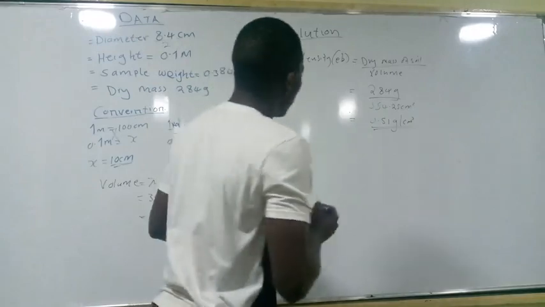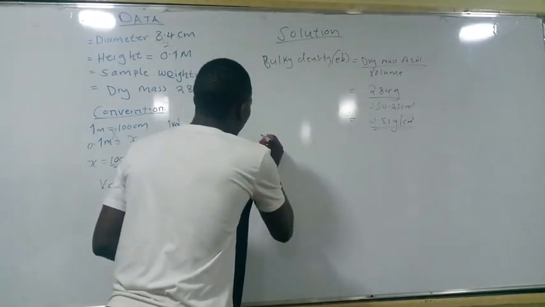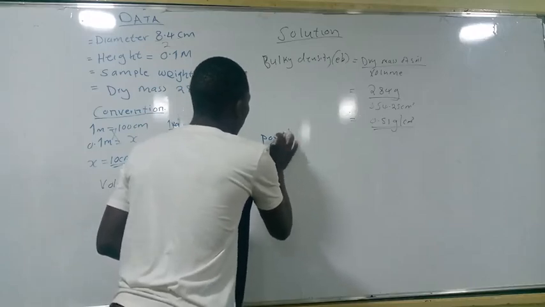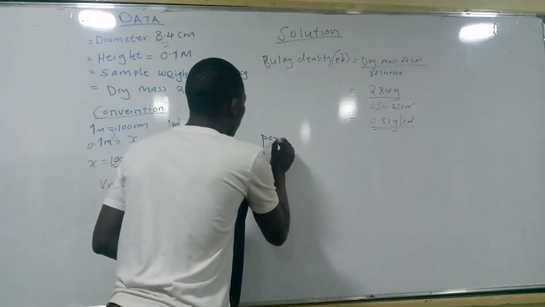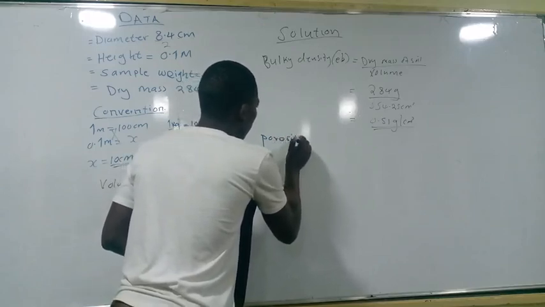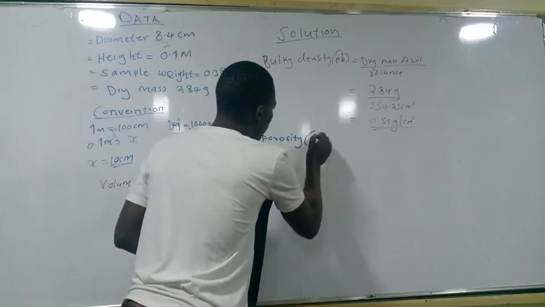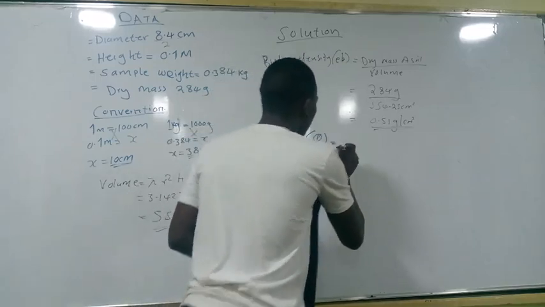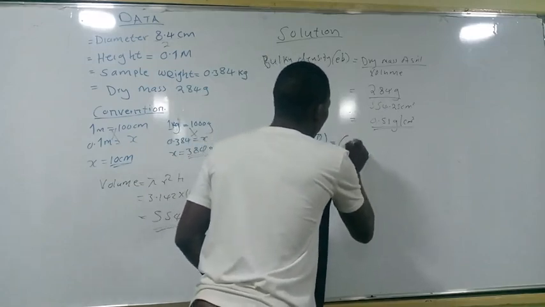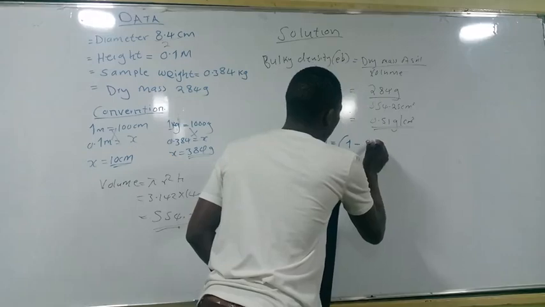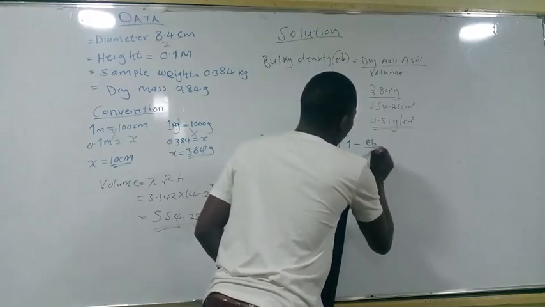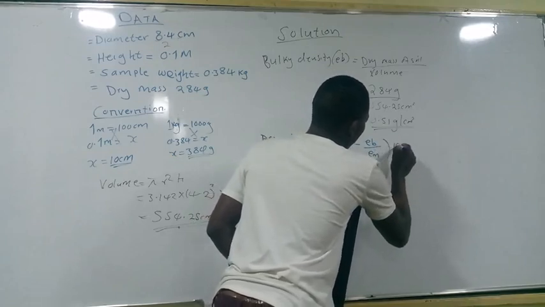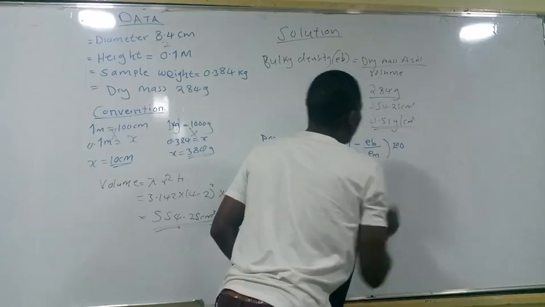The porosity of the soil is given by the formula and is denoted by this symbol. So it's given by the formula 1 minus bulk density over particle density multiplied by 100.